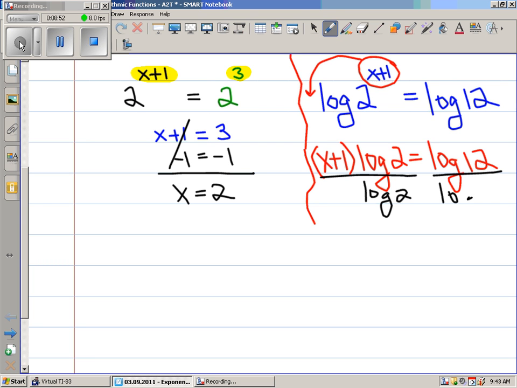Divide by log 2. And you can see that my method actually resembles Julio's, right? A little bit. We get x plus 1 equals log 12 over log 2.